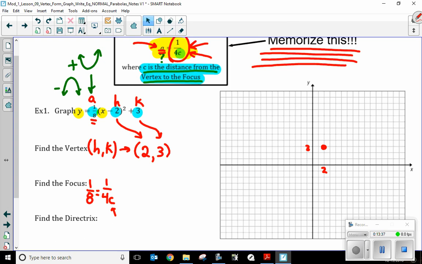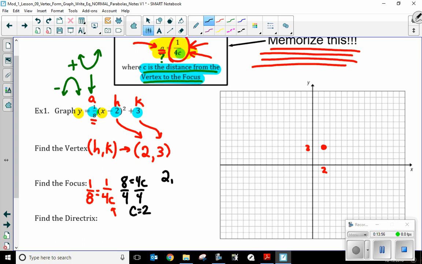Well, looking at this, I know that 8 has to equal 4C. So if I divide both sides by 4, C equals 2. That's my distance to my focus. So where's my vertex? My vertex is currently at 2, 3. I have an X and a Y. My Y value determines the up and down.